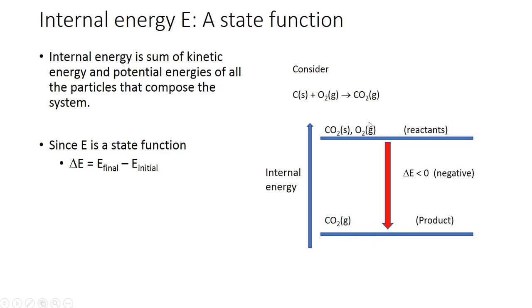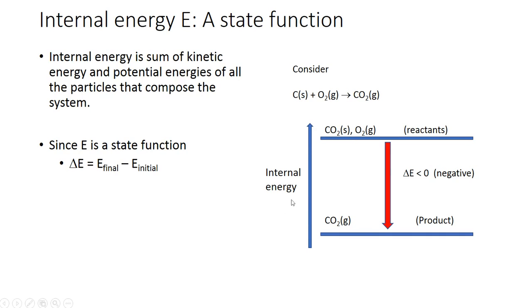To move from these reactants to form these products, we lose that internal energy, and it's given as delta E. So the change in internal energy will take the reactants to become products.